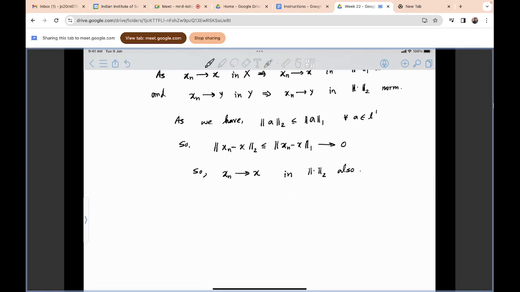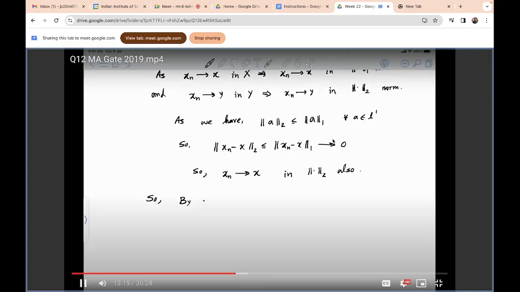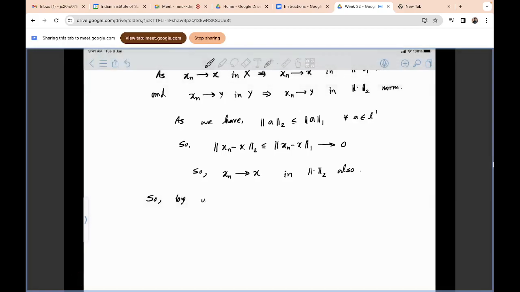And as xn converges to both x and y in the L2 norm, by uniqueness of the limit, we get x equals y.